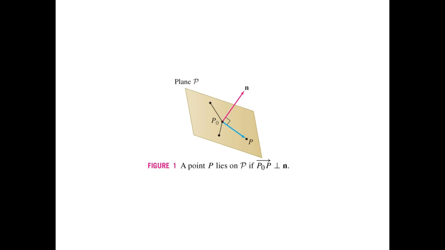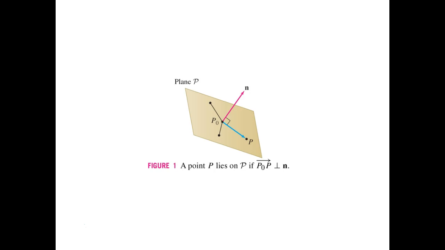Here's figure 1 in your text on page 664, and it's basically illustrating the term normal. That's not normal as opposed to abnormal. That's normal as opposed to at right angles. The term normal is another word for orthogonal or perpendicular to.